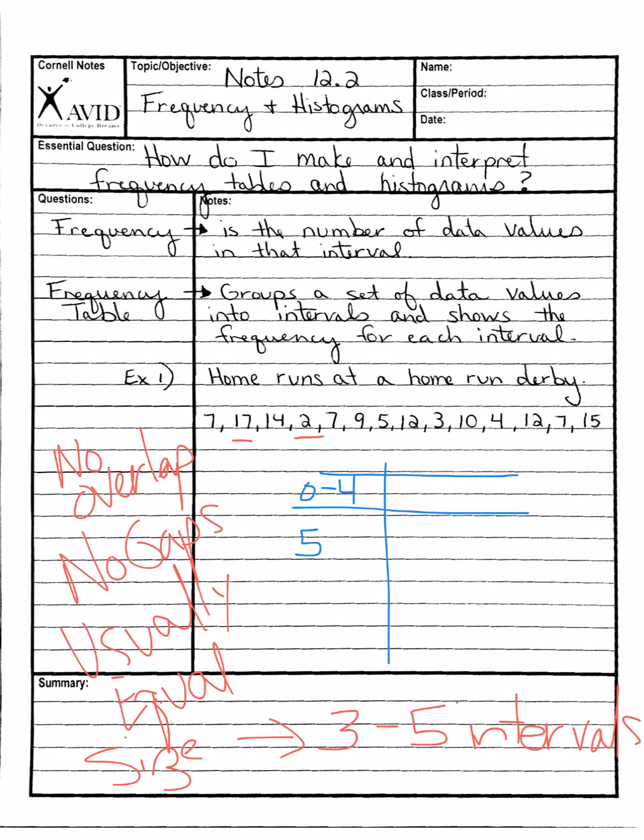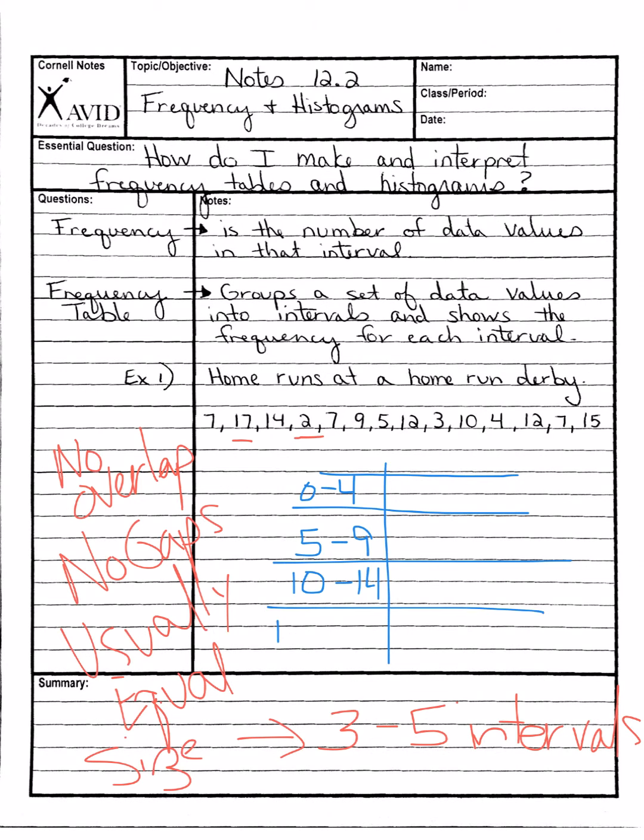The next one, if we go 5 more spaces, okay, then it's 5, 6, 7, 8, 9. That would be our next interval. Then we would go 10 to 14, that would be 5 more. So these are equal in size, okay?